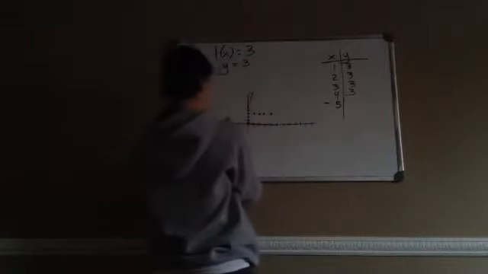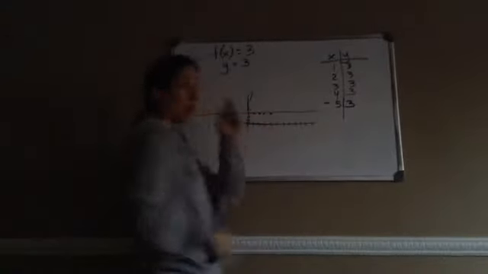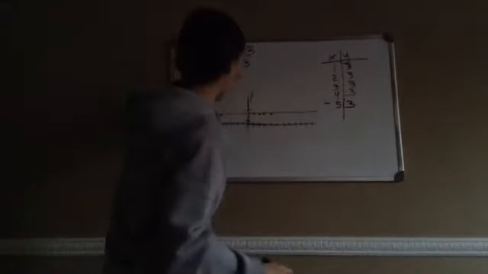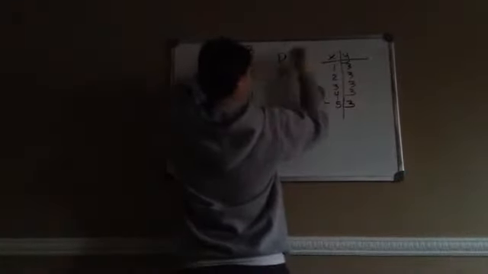And I could even do a negative 5, and 3. Okay, what do you see is happening? Straight line. So if it says f of x equals 3, then it wants us to find the domain and range of this.